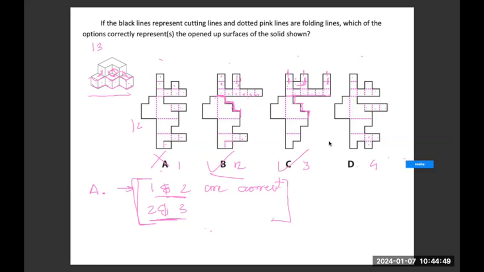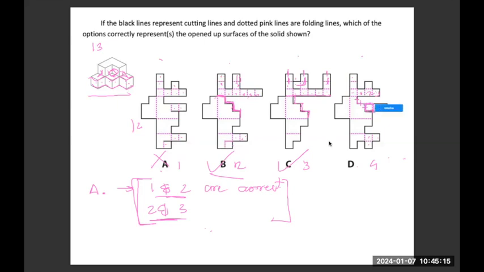Next part, D. In D, 1, 2, 3, 4. So 1, 2, 3 and 4. This is a problem. Here 1, 2, 3. So even if I say 1, 2 and 3, this will be 1, this will be 2 and this will be 3. There will be an overlap happening at this junction.